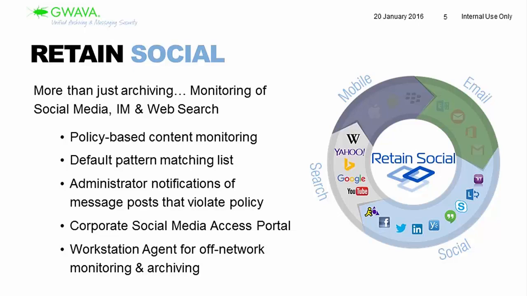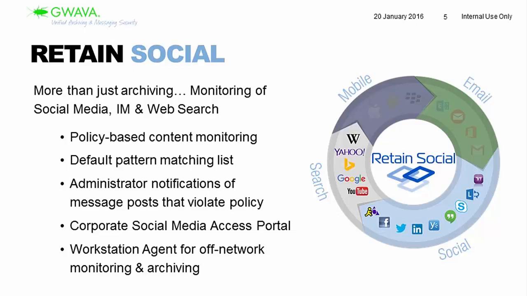And then I talked a lot about how Retain Social is for on the network. There is an agent or an application that is used for off-network monitoring and archiving, and that works for Windows and Mac machines. And that's just something that you would install on the machine.